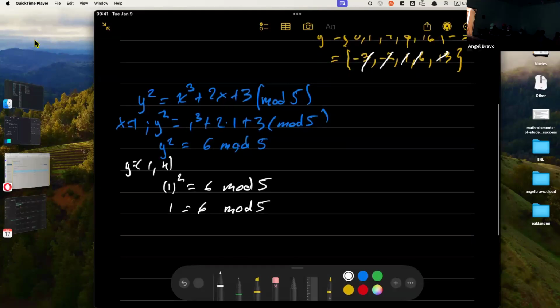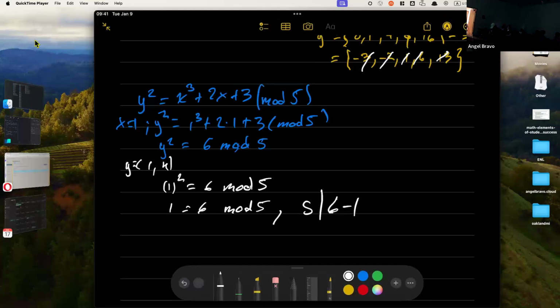If I ask the following question, is 6 minus 1 divisible by 5? It is divisible by 5. Hence, it has to be a solution, right?